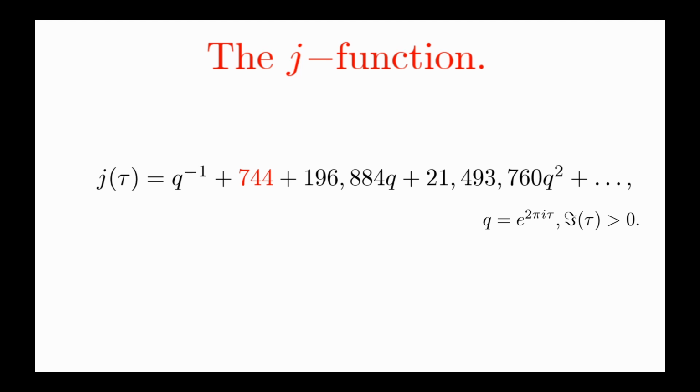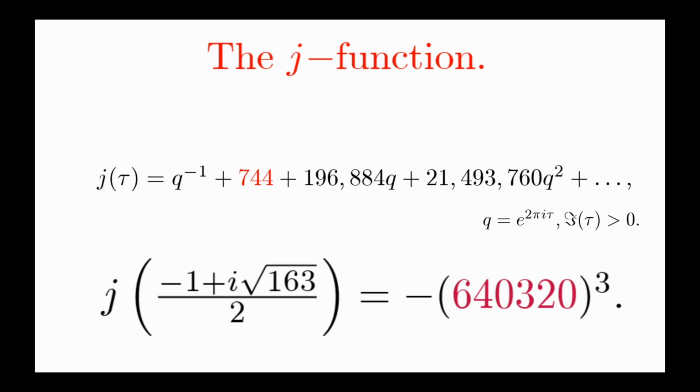And there is an evaluation which is going to help us explain why e to the pi times square root of 163 is close to an integer. The evaluation is that at minus 1 plus i root of 163 over 2, j evaluates to minus a perfect cube.